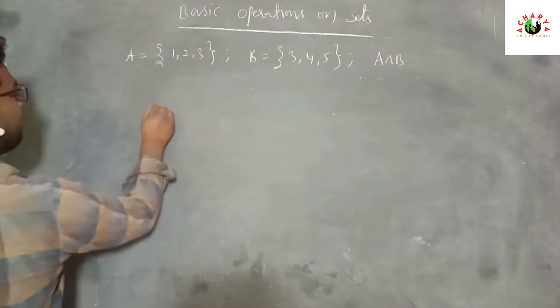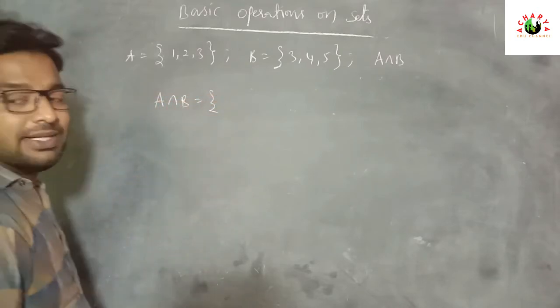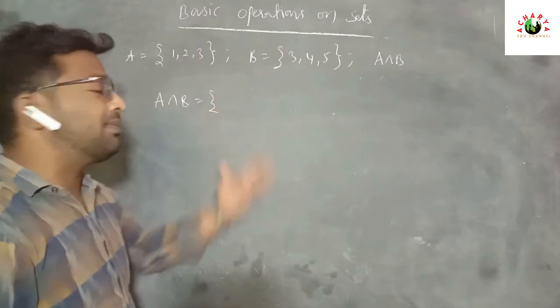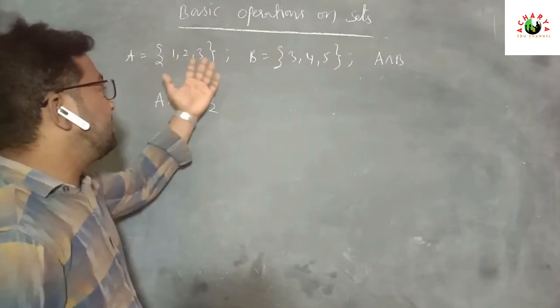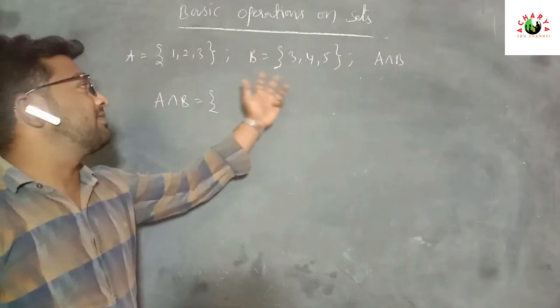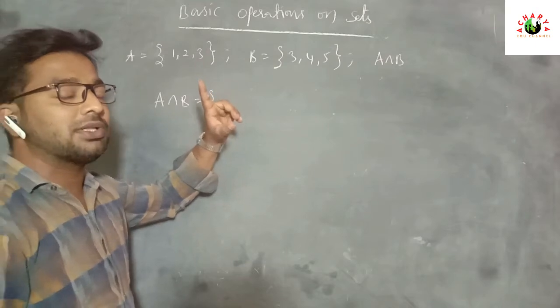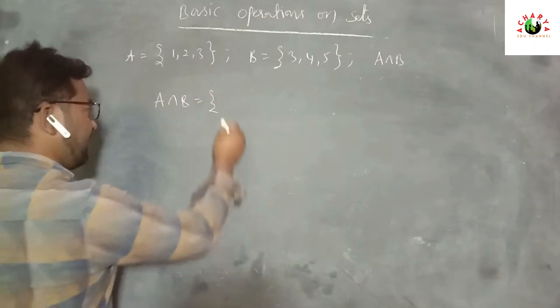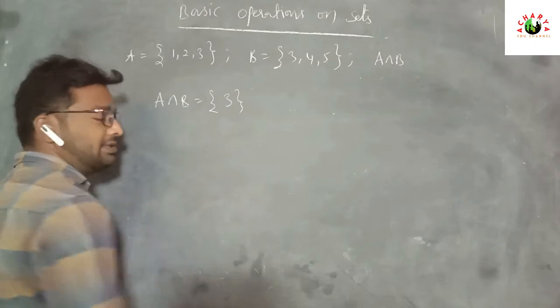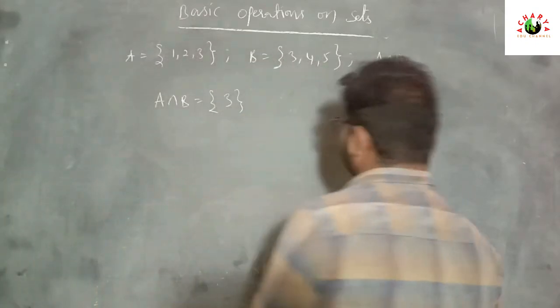Very simple. Which are the common elements of A and B? In set A we have 1 2 3, in set B we have 3 4 5. Only one element is common for both the sets, that is 3. So A intersection B is equal to 3.